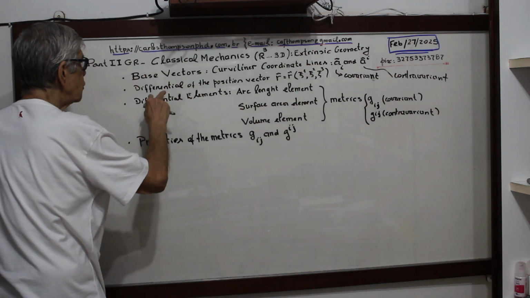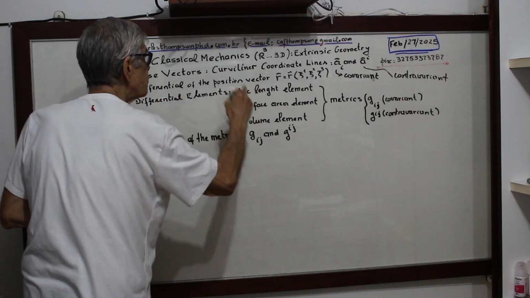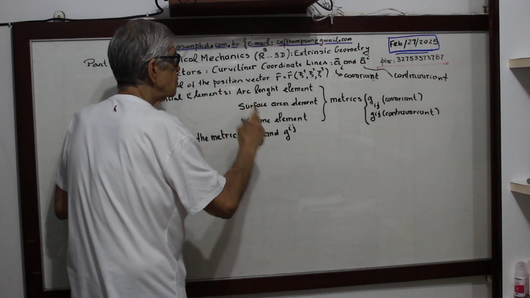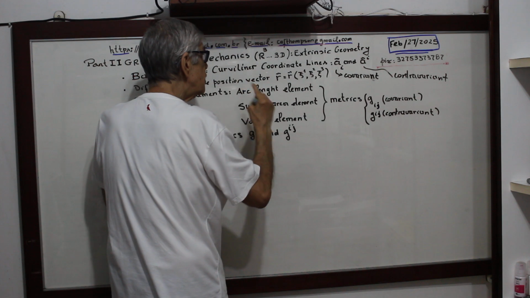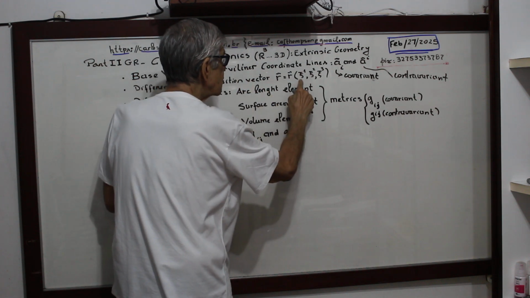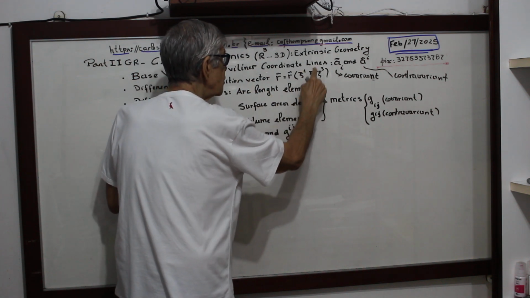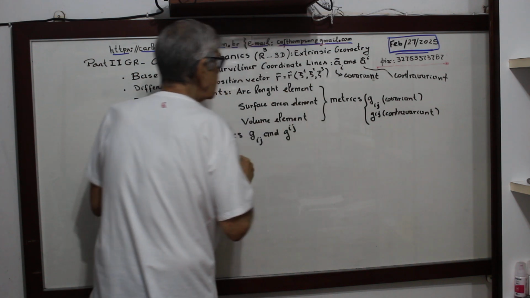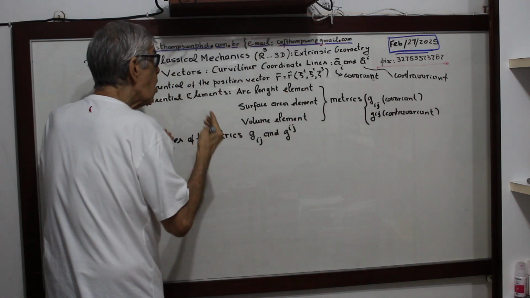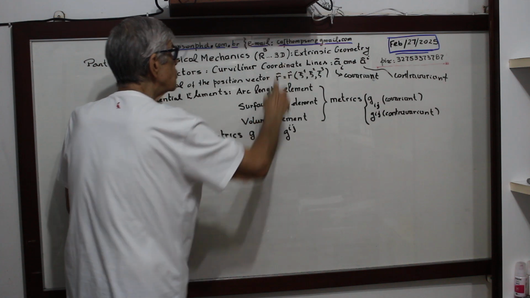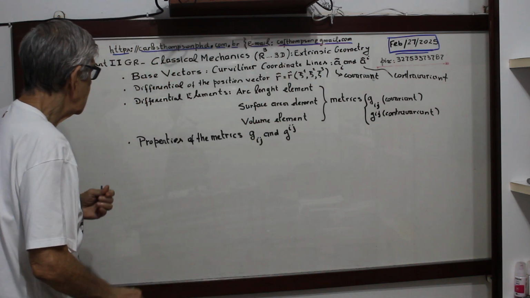Then you move to the differential of the position vector R. The curvilinear coordinates are C1, C2, C3, because we are in three-dimensional space.